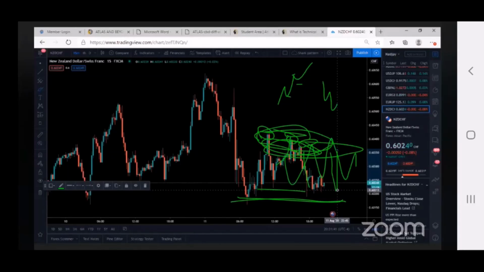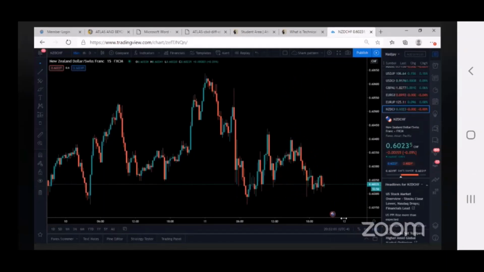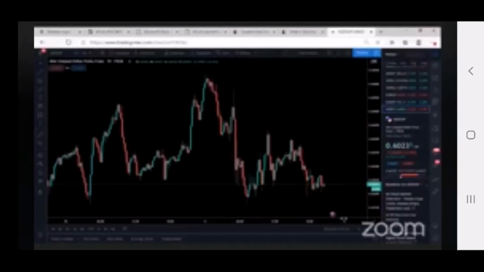That way, if it decides to reverse, you made some money, and most likely you should be in profit, because at Atlas, we teach our traders to move your stop loss into profit after your trade goes into profit. There are more trainings about that in the back office area.